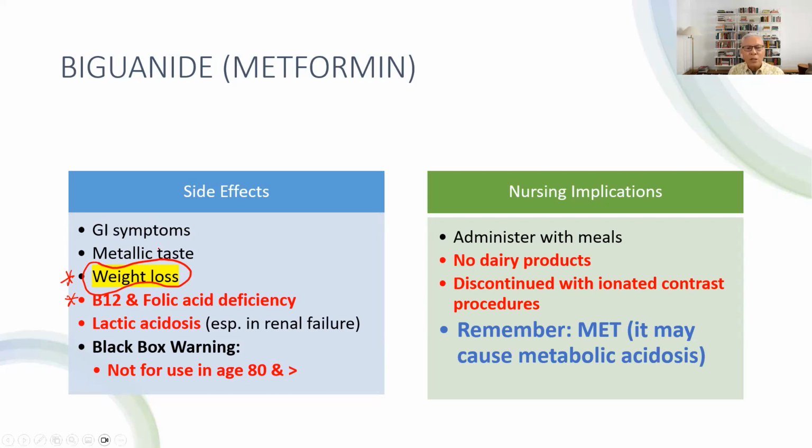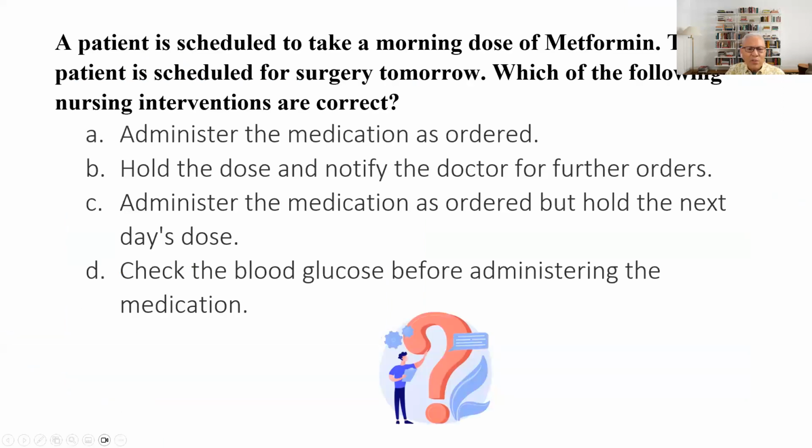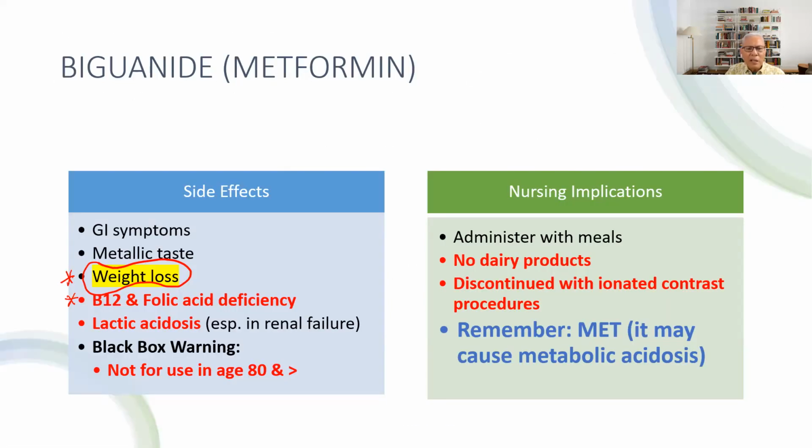Okay, so what is lactic acidosis? Well, lactic acidosis, I'm sorry about that, is going to be a form of metabolic acidosis, which is characterized by a marked increase of lactic acid in the bloodstream.